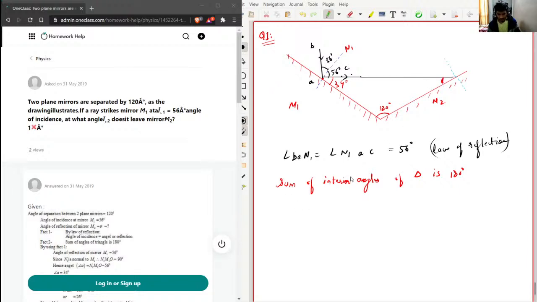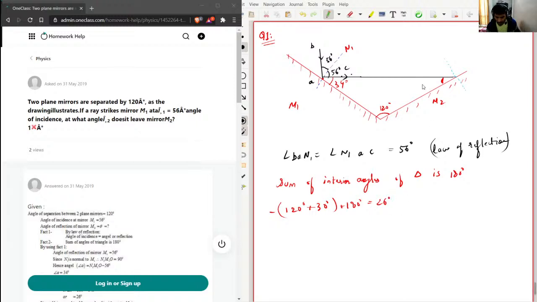This will be 180 minus the quantity 120 plus 34, and this will be 26.